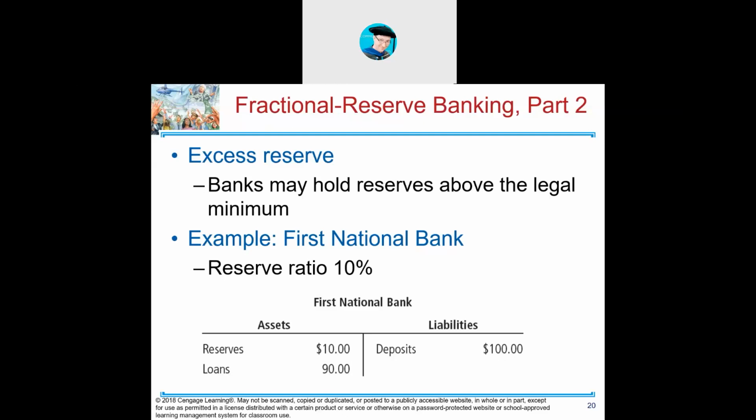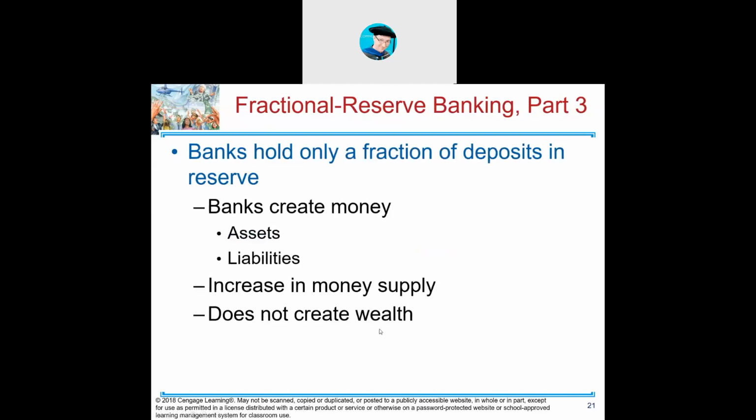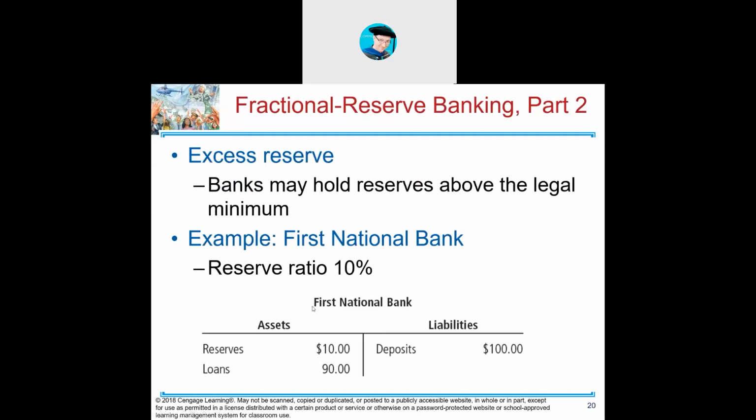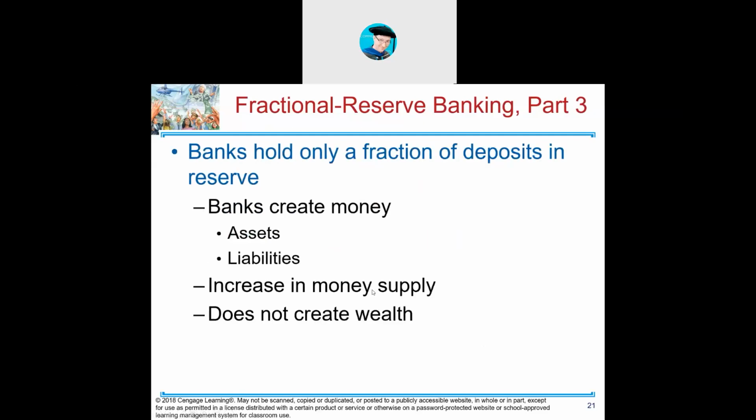The bank has $90 in loans and $10 in reserves. How did we get the $10 in reserves? Well, we took 10% of all of the deposits. 10% of $100 is $10. That's how we got that reserve ratio.